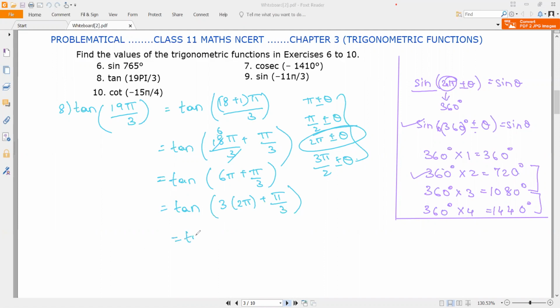This can easily be written as tan of pi by 3, since tan of 2n pi plus or minus theta is equal to tan theta. Now tan pi by 3, which is 60 degree, is equal to root 3. So this is your answer for tan 19 pi by 3.